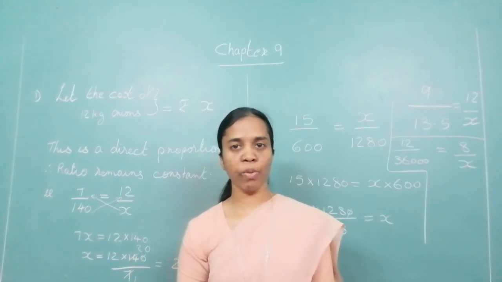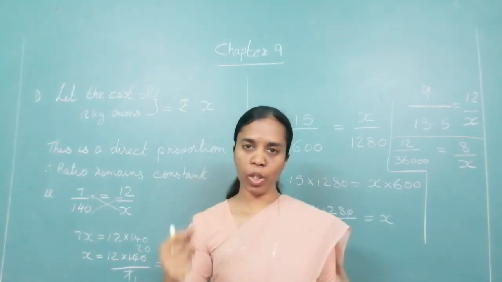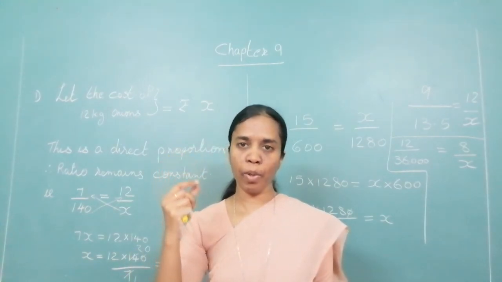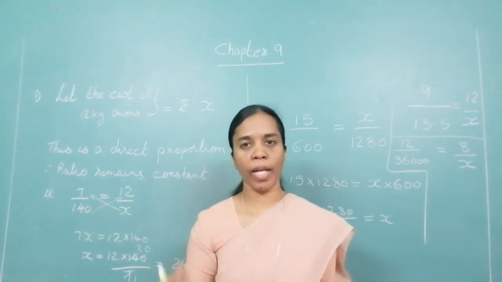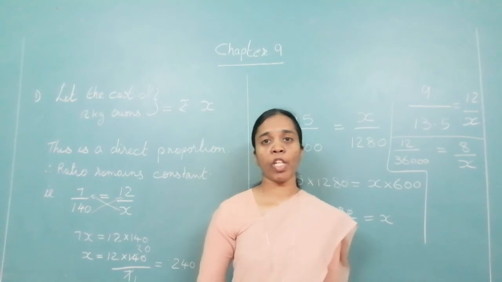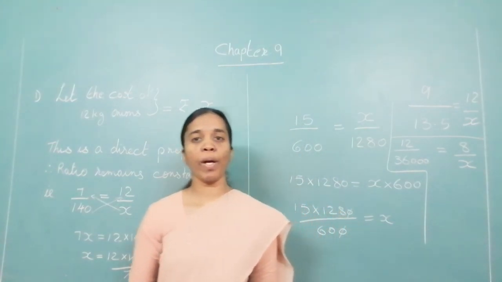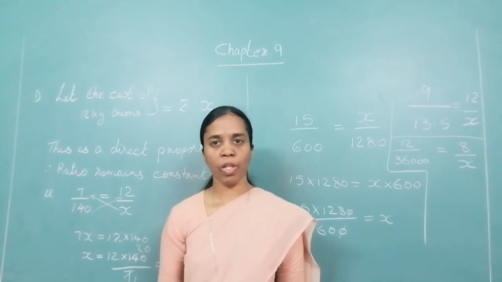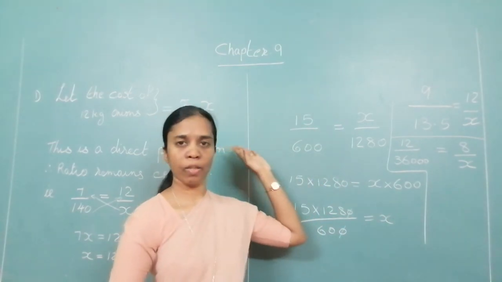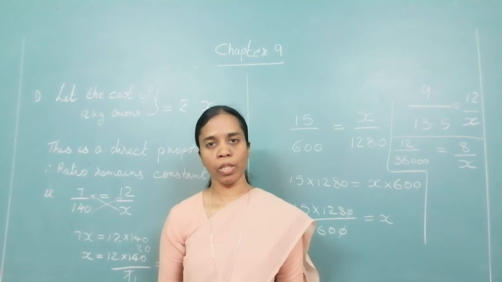Now what is the ratio over here? Number of mobiles to the cost. 2 upon 16,000 equals 13 upon X. Please remember, in all these word problems, you have to write the concluding statement. From whatever we are considering as X, from there we have to form the concluding statement.